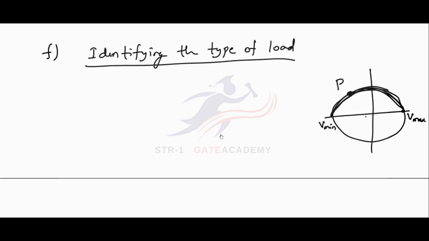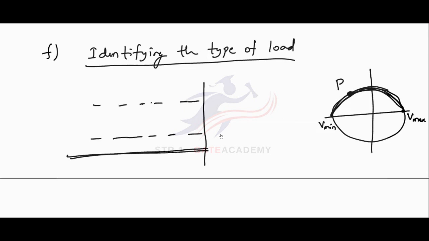So for R plus jx type of load, what kind of VSWR pattern will be generated? First Vmax will be generated, and then Vmin, then Vmax, Vmin, Vmax, Vmin, and so on.